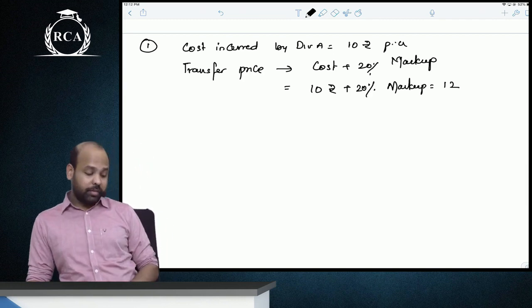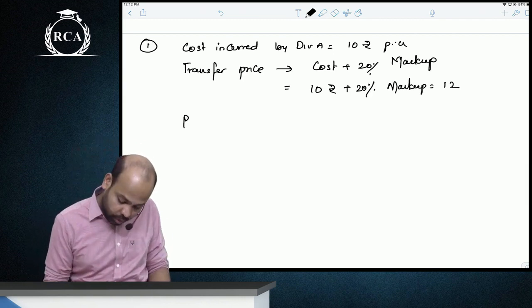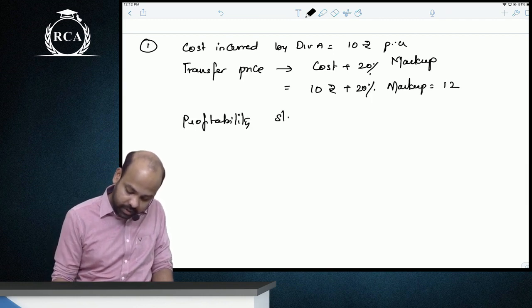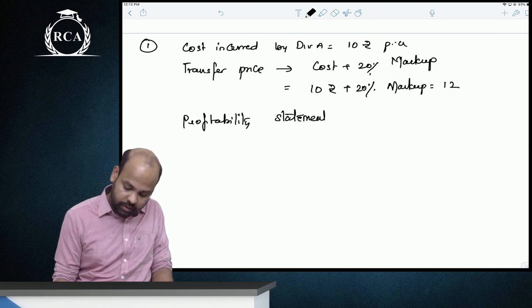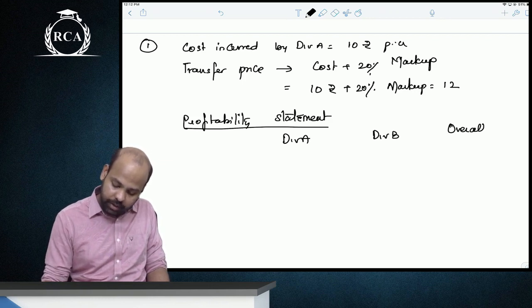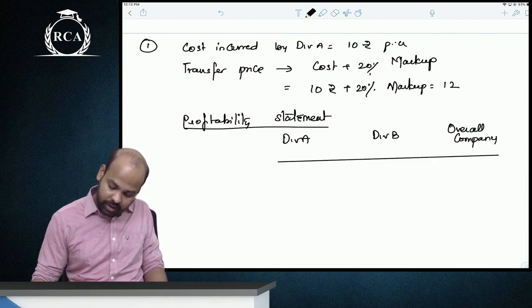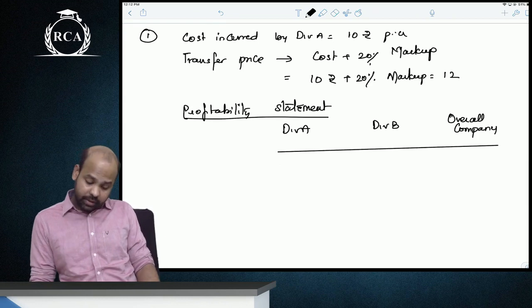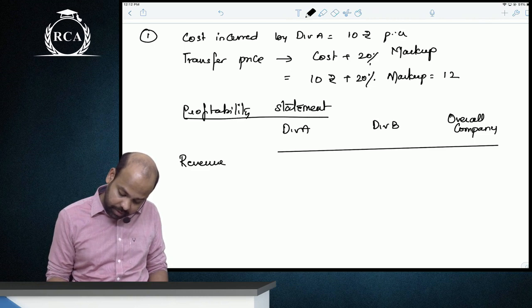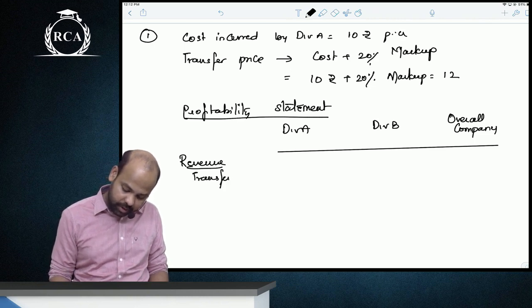If you look at the profitability statement, we already prepared profitability statements of divisions, guys. This is not the first time. There is division A, there is division B, and then there is the overall company. As far as the revenue is concerned, beta, the transfer price from division A to division B is 12 rupees.